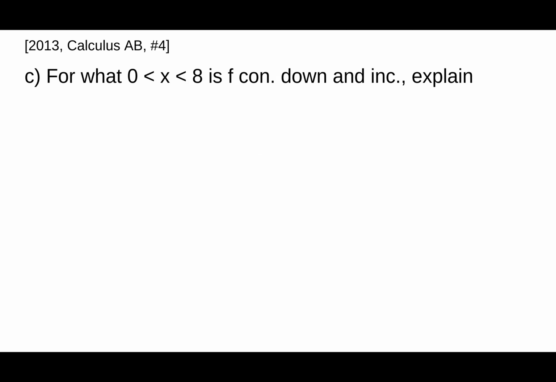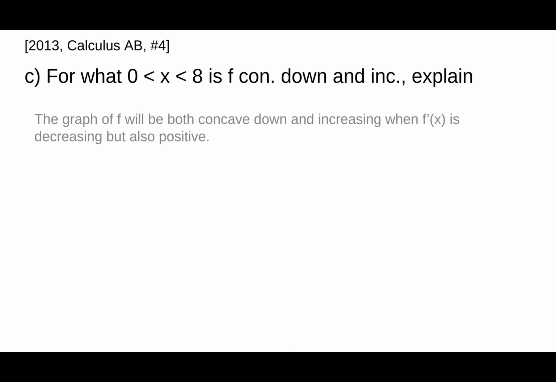For part C of this question, we are asked to determine at what x values between 0 and 8 the graph of f is concave down and also increasing, and to provide an explanation. Well, the graph of f will be both concave down and increasing when f prime is decreasing but also positive.